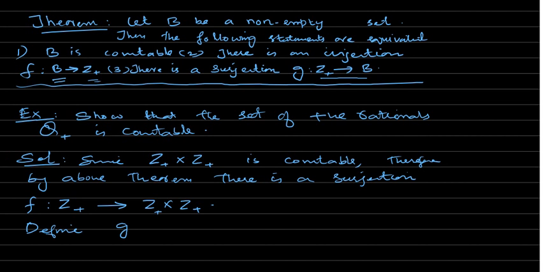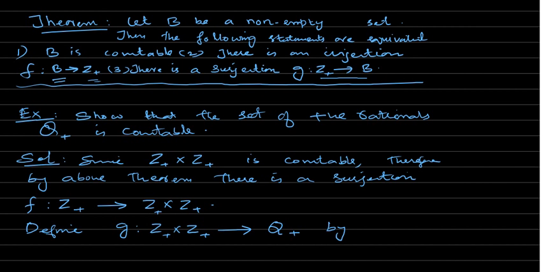a map g from Z plus cross Z plus to the set of positive rational numbers. Any idea how we define this map? Z plus cross Z plus means the set of all ordered pairs with positive integer entries. हाँ, कोई आइडिया है आपको कि what's the natural mapping from Z plus cross Z plus to Q plus?